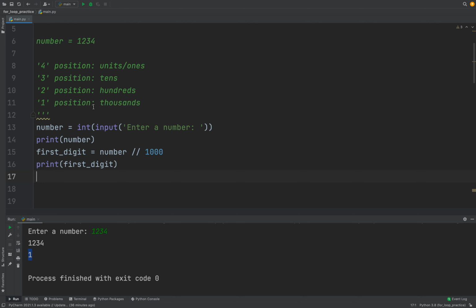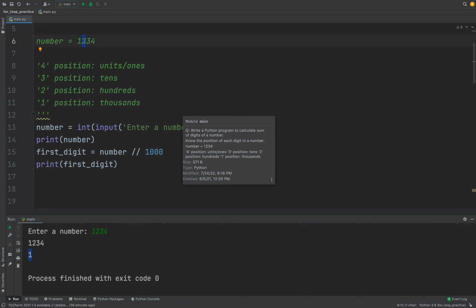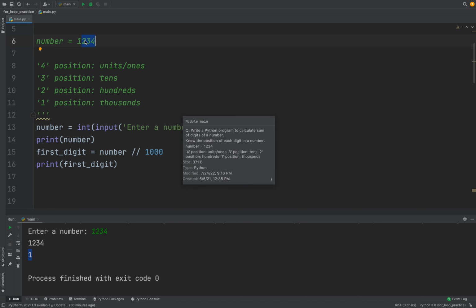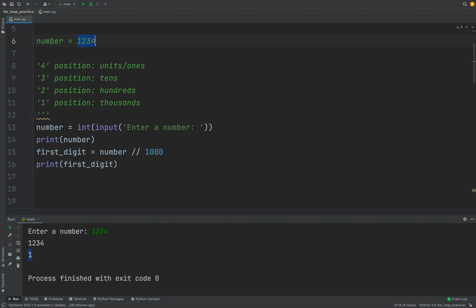So now let's focus on the second digit from the left, which is 2. Now we need to work on 234. To do this, we have a total number which is 1234, right?